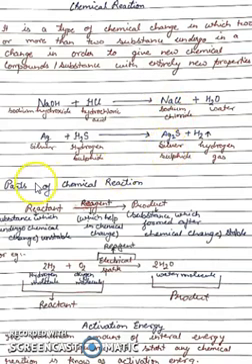Now let's discuss the parts of a chemical reaction. Basically, there are three parts of any chemical reaction, that is reactant, reagent and product.